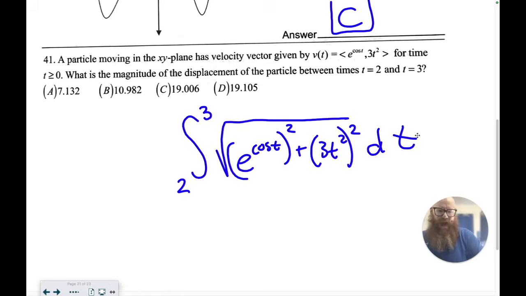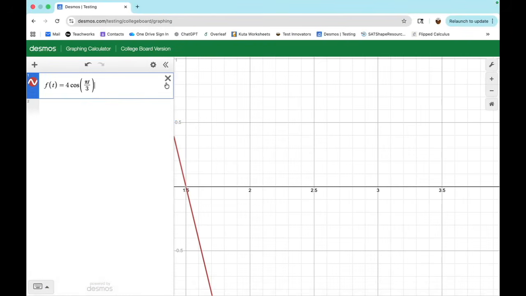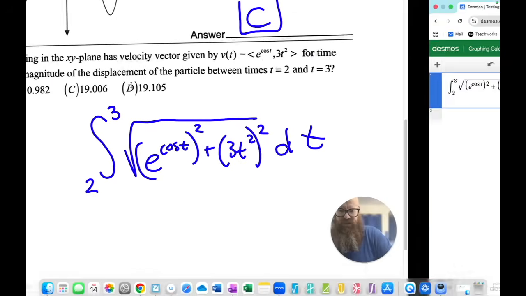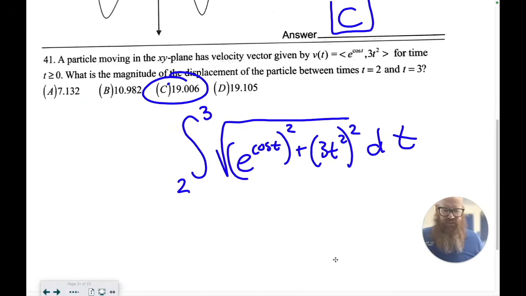And so we're just going to do that in Desmos. We go in here and do the integral from 2 to 3, and then the square root of, in parentheses, e raised to the cosine t, squared, plus 3t squared, dt, and you get a little bit bigger than 19. 19.006, and that is answer choice C. So the key there is that the wording is very strange.